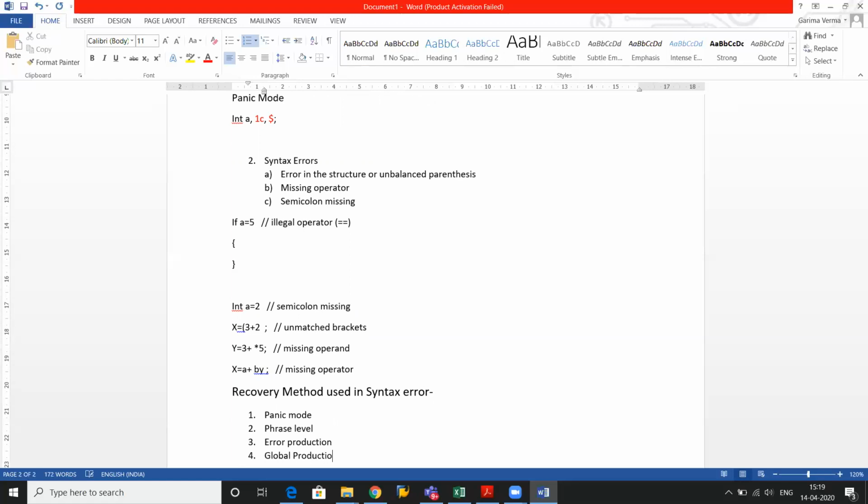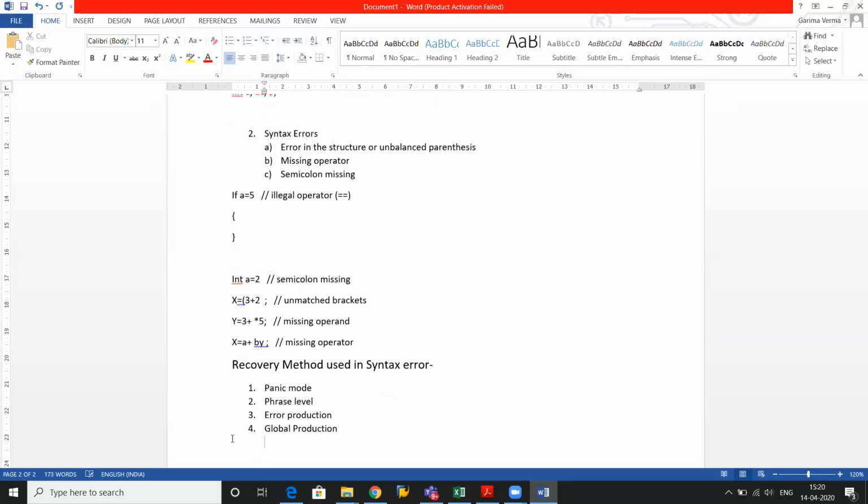I'll cover every recovery method in a short way, just to make you understand the meaning of a particular recovery method. It is not necessary that every compiler design uses all of these recovery methods, but generally one of the methods is implemented while designing the syntax analyzer.